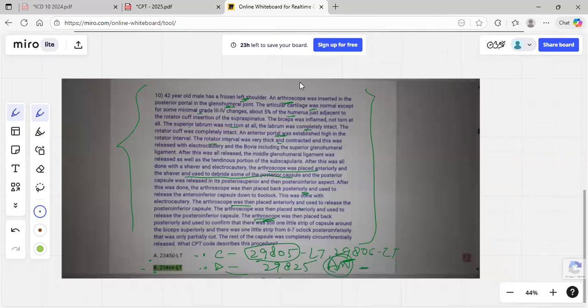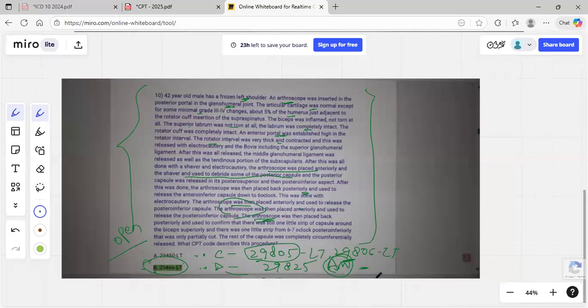Because in D, everything is performed with the arthroscope, whereas in option B, everything is performed via an open approach. In our case, an open approach was not performed. Everything was done through the arthroscopy approach. So we are going to bill the arthroscope only. We are not going to bill the open.